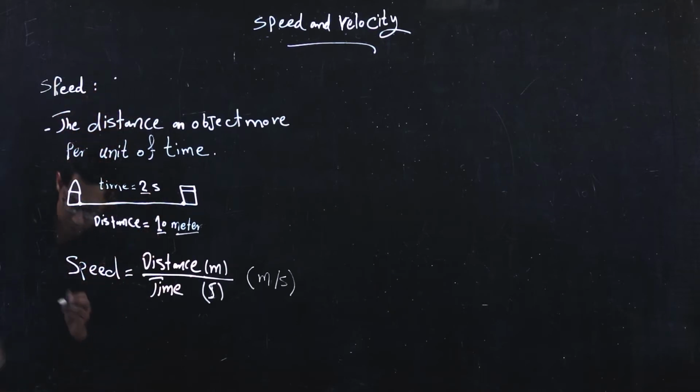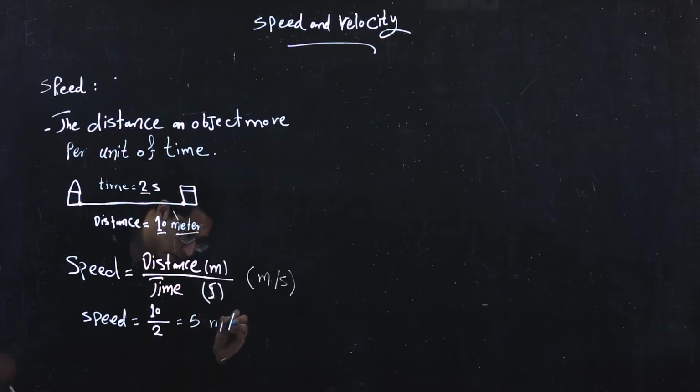So I can say that speed equals 10 divided by 2, the distance divided by the time. So 10 divided by 2 equals 5 meters per second. 5 meters per second.